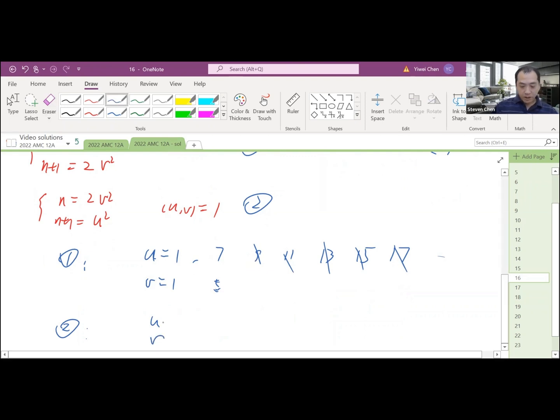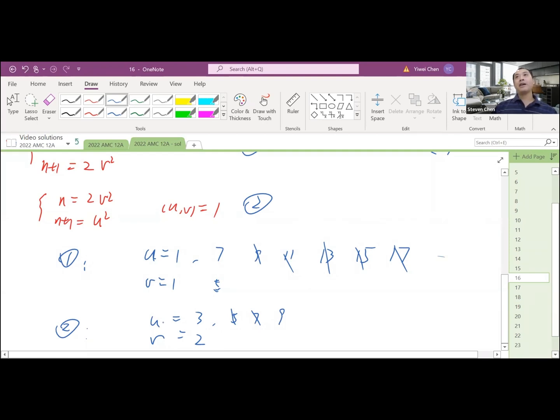Okay. So u equal to 1 is not good because n is 0. So what about u equal to 3? So n plus 1 is 9, n is 8, its half is 4. It's a perfect square, so it's 2 squared. This is good. And then let's try u equal to 5. Then n plus 1 is 25, n is 24, its half is 12, not a perfect square. u is 7. So 7 squared is 49. So n is 48, its half is 24, not a perfect square.